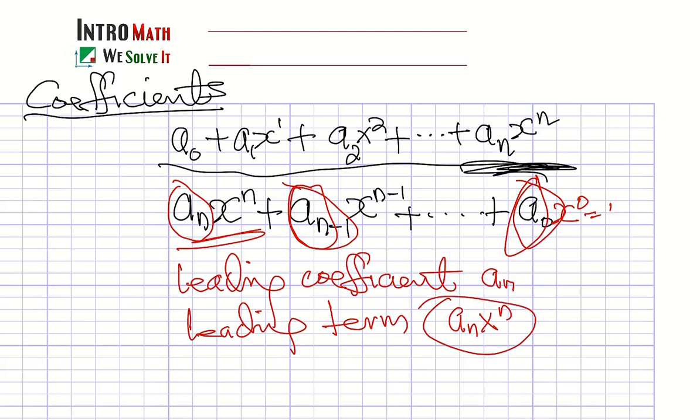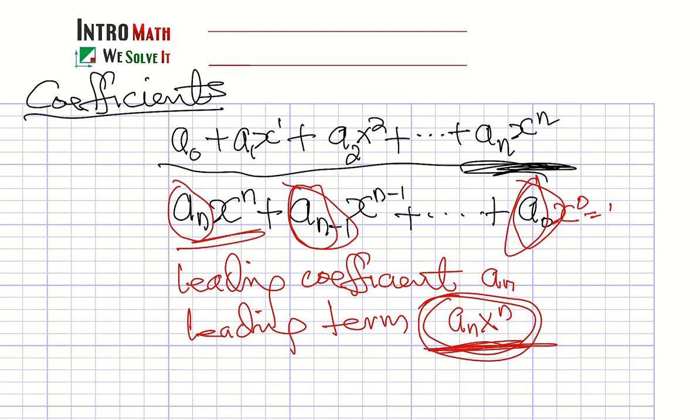In other words, the leading term is the term with the highest degree, basically where the degree of the polynomial is. We say the degree of the polynomial is the highest exponent. So the leading term has the highest exponent, okay?